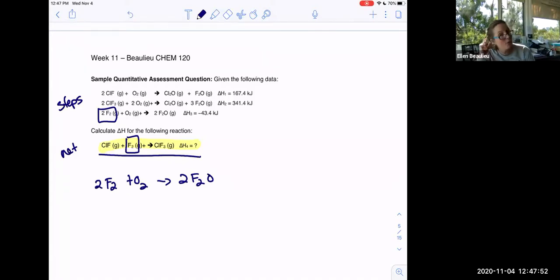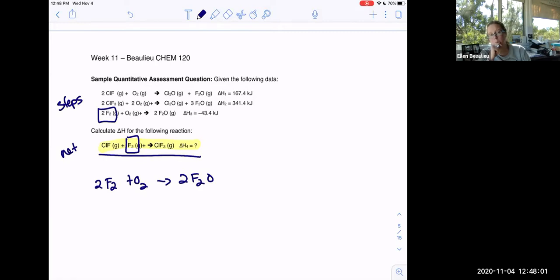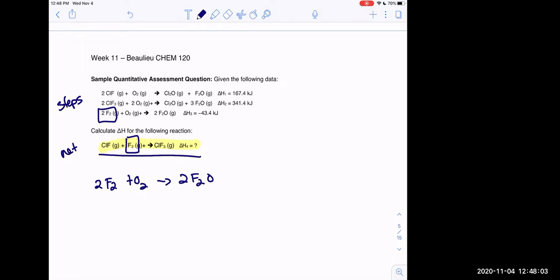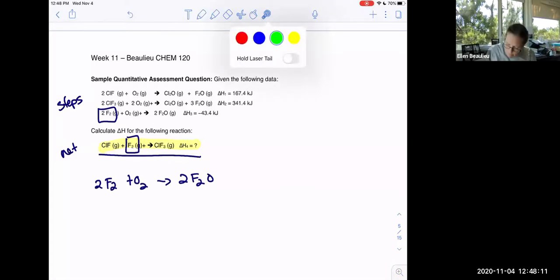How many F2s are in my net reaction? Just one. How many are in my step? 2. Oh, I'm looking at the wrong step. My bad. There's only 1 in the net.